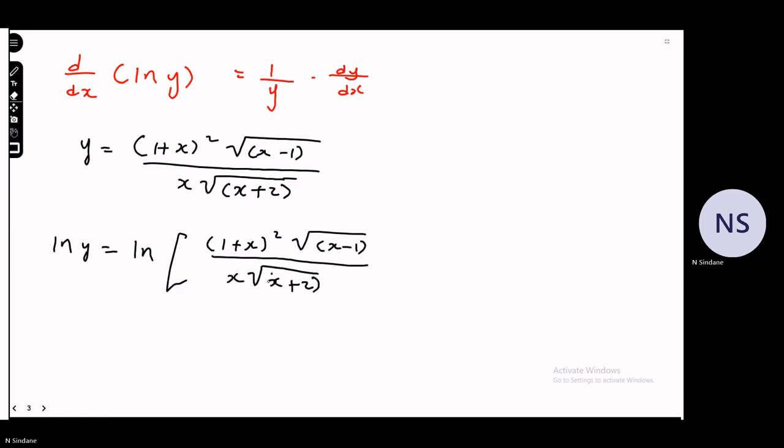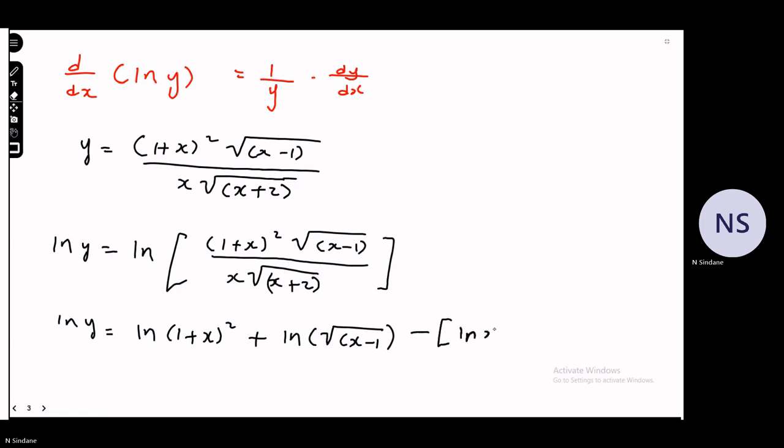Right? Then from there, this is similar to ln y is equals to ln of 1 plus x squared plus ln of square root x minus 1 minus ln x plus ln square root x plus 2.